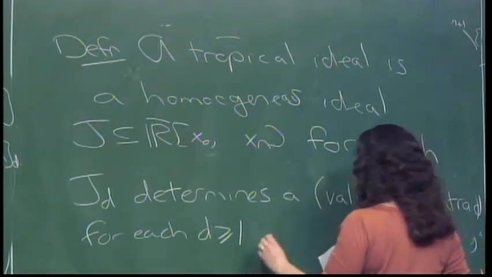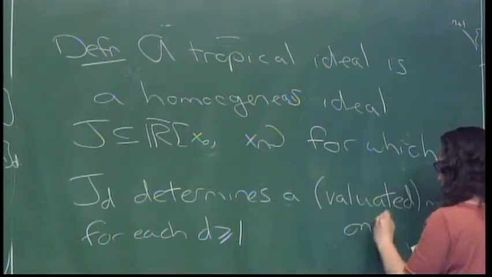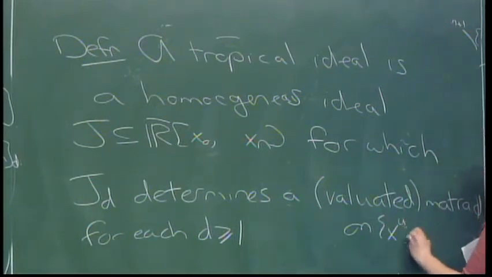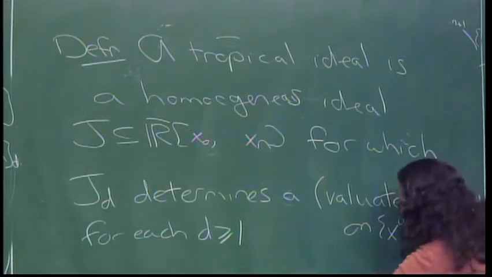This valuated matroid, and I should have said, is on the set of monomials x^u such that the degree of x^u is d.